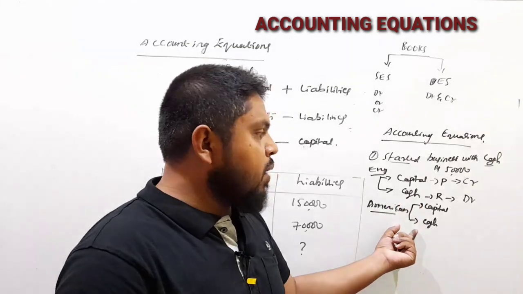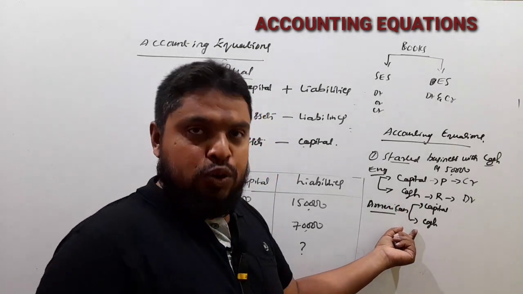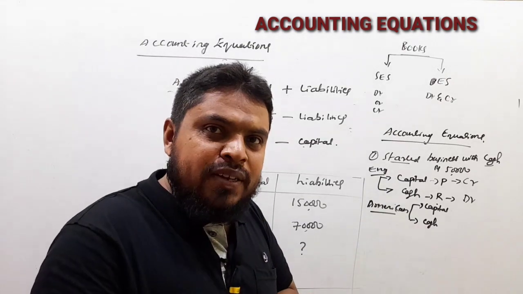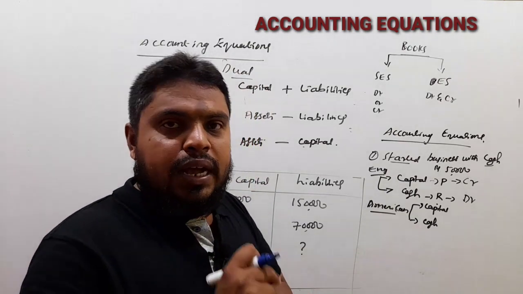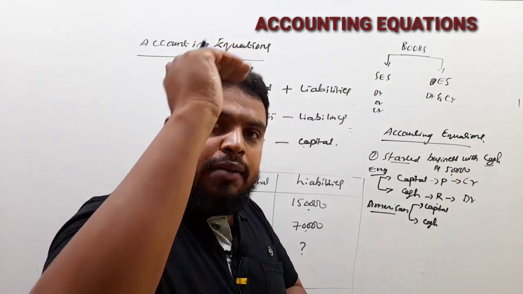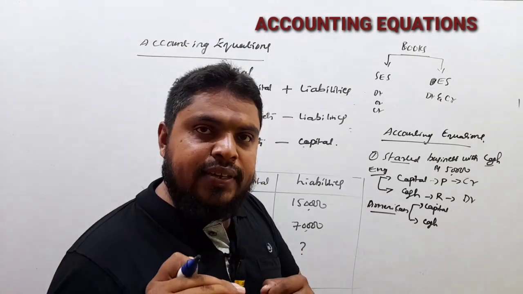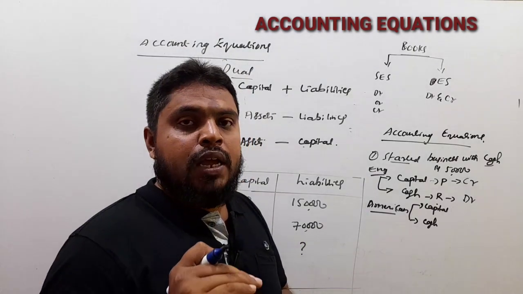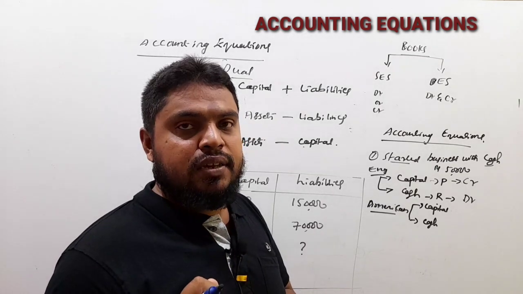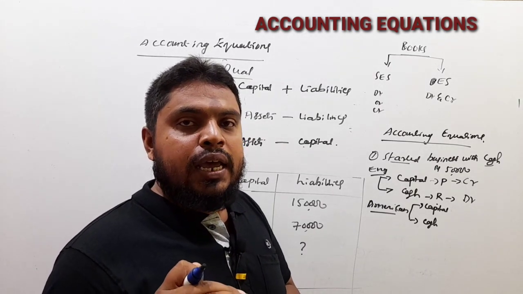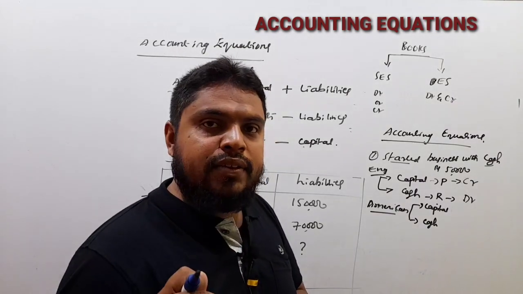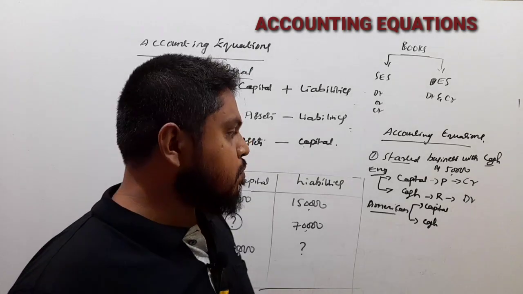Here also under the American system we have debit and credit rules. Assets, expenses, losses increase on the debit side, decrease on the credit side. Then liabilities, capital, incomes and gains increase on the credit side, decrease on the debit side.